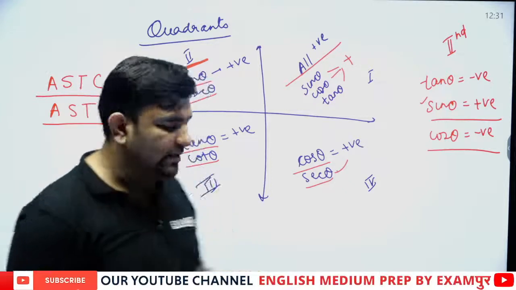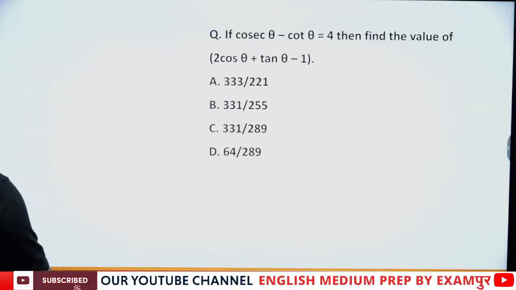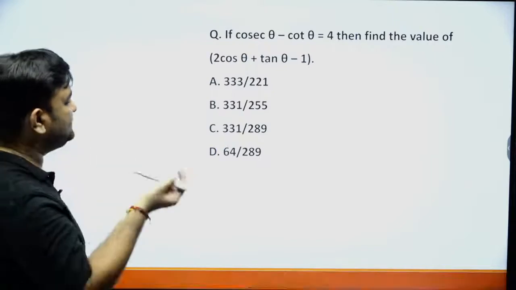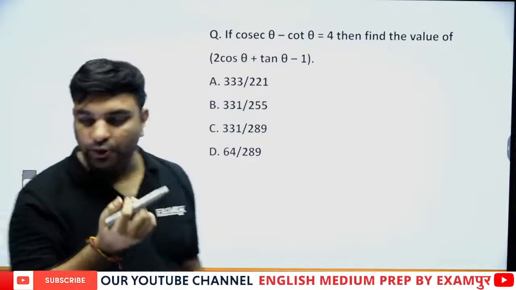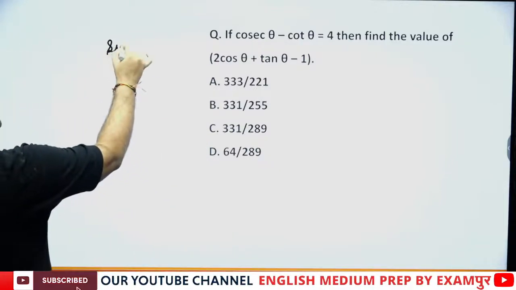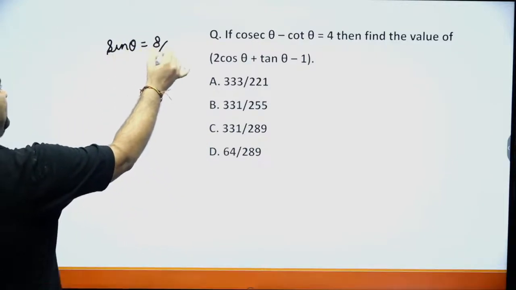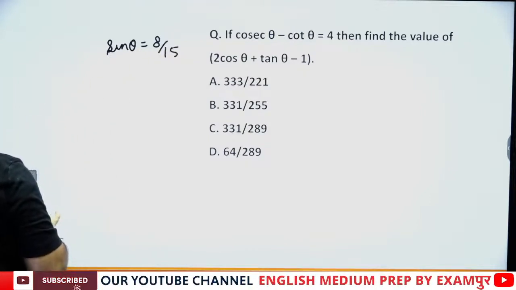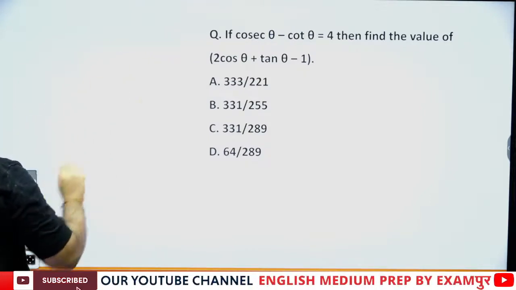Okay, so let's now put it in and find out the exact answer. Do you remember the values, guys? I think sine was 8 by 15. Oh, sine was 8 by 17.